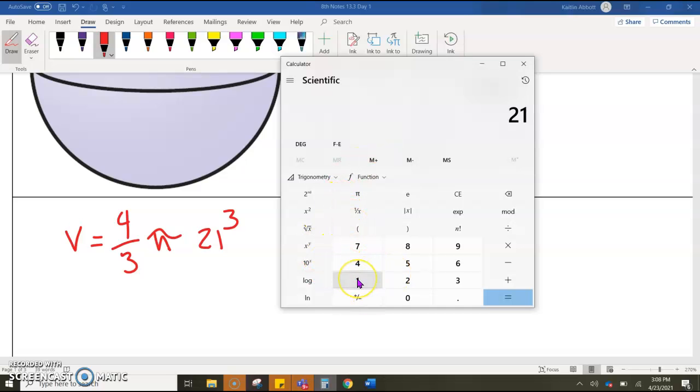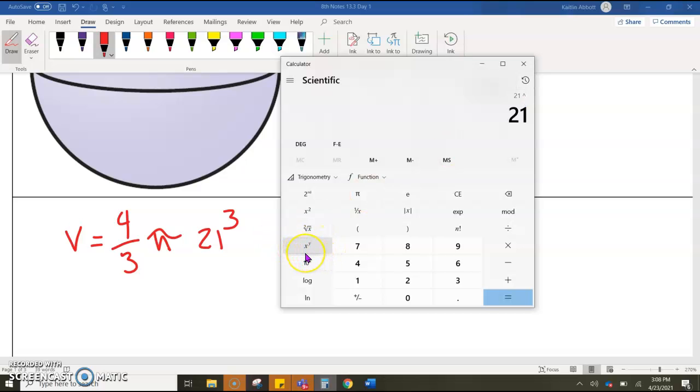So 21. So this button, pretty sure is what we need to click. So to the power of, so I click this. You see how in the calculator it shows you 21, it has a little, they call these carets. So now we can type in whatever power we want.